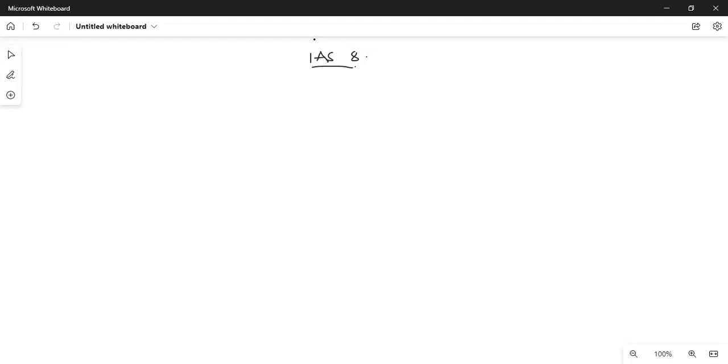Now we are talking about IAS 8. So this will be our third standard for today. The concept under IAS 8 is accounting policies, changing accounting estimates, all right? So let's go on with our notes.